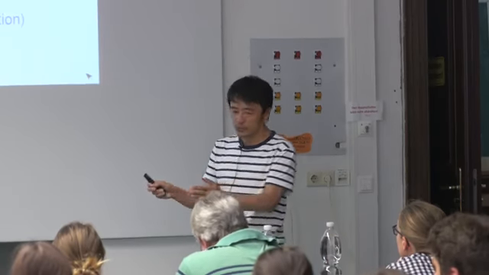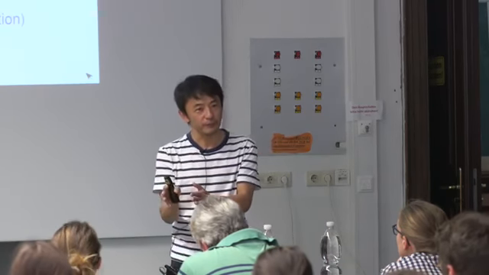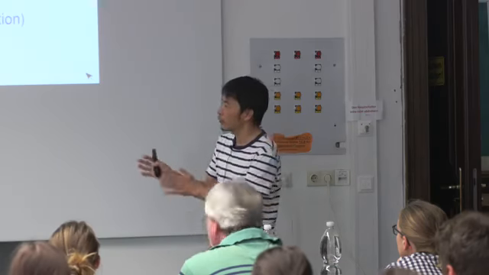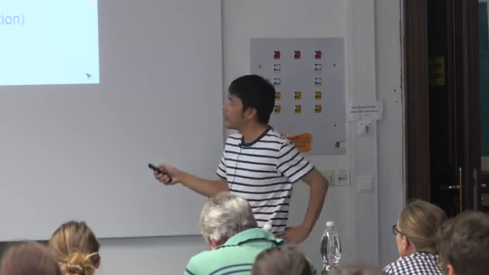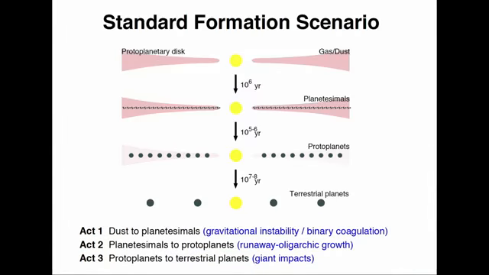These protoplanets are also called embryos; embryos and protoplanets in my talk are the same. And the last stage is the formation of terrestrial planets from protoplanets, known as the giant impact stage. So we'll look through all stages.